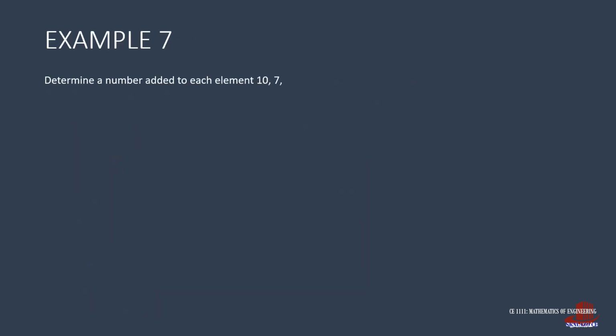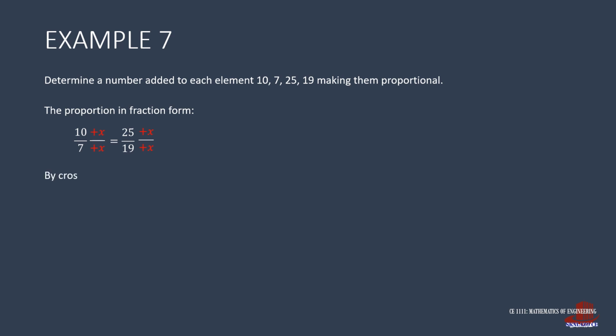Example 7 is similar to example 6 with a little twist. It looks for a number added to each element to make them proportional. The elements are 10 over 7 as 25 is to 19. Denoting x as the required number, we add x to each numerator and denominator.